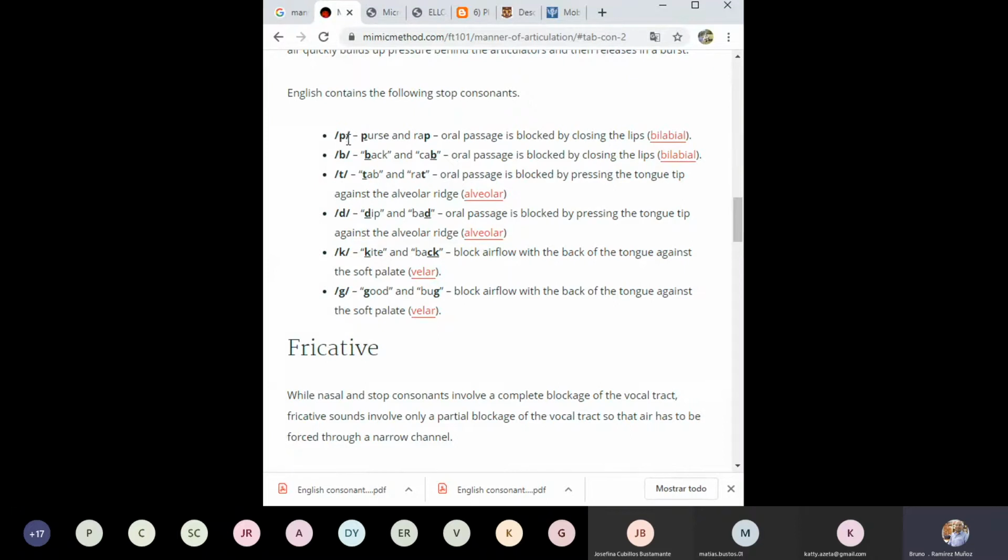So when you read these, you say p, b, t, d, k, g. Every time you read a symbol between slashes, whatever is inside is supposed to be a phonemic symbol, so it's a sound.